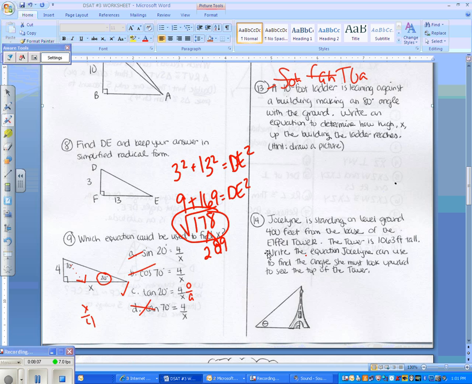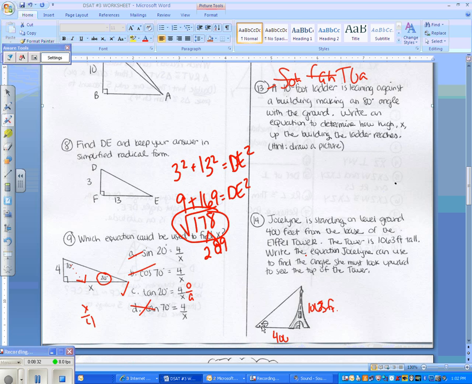Number 14, Jocelyn is standing on level ground 400 feet from the base of the Eiffel Tower. I know, beautiful picture, right? The tower is 1,063, I don't know why I wrote 63 feet tall. I Googled it. That's actually correct. And obviously my drawings are never drawn to scale. We want to write an equation to figure out what angle this is.